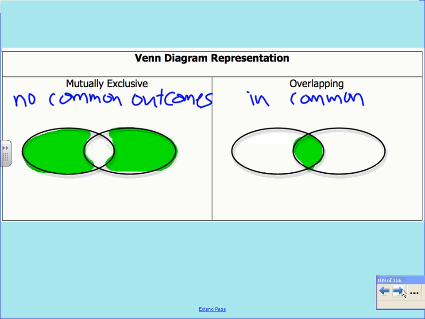You might want to put they have something in common or have an outcome in common. And then overlapping, just color in the middle. So just, again, as a reminder from yesterday, I just wanted to make sure we were all good and we were clear on this.